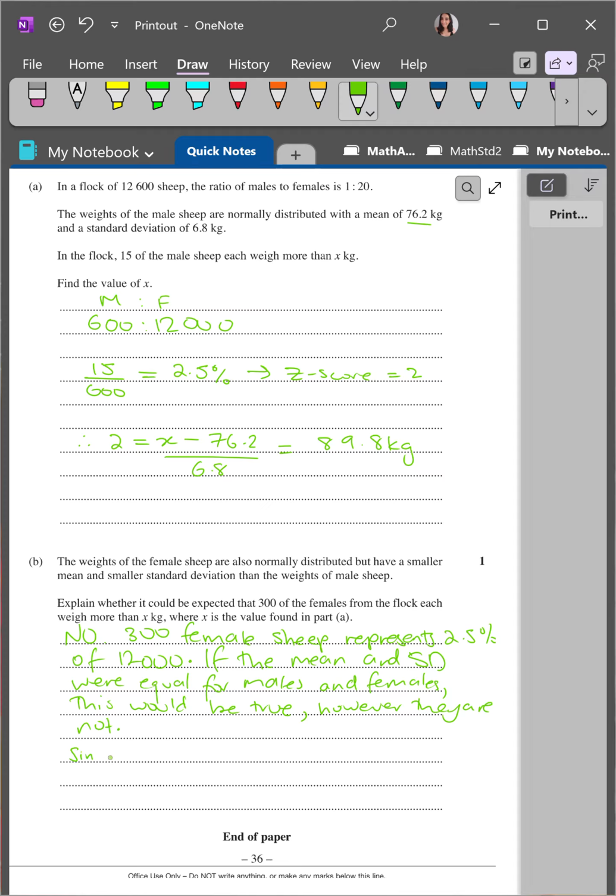Since the mean and standard deviation for females are smaller, less than 300 females would weigh more than X kilograms, which is 89.8 kilograms from the previous part.